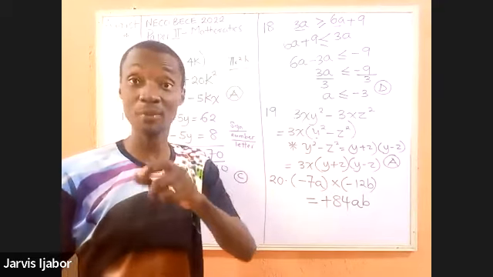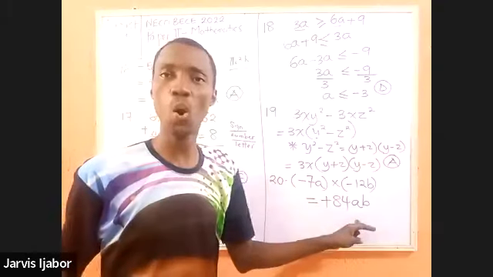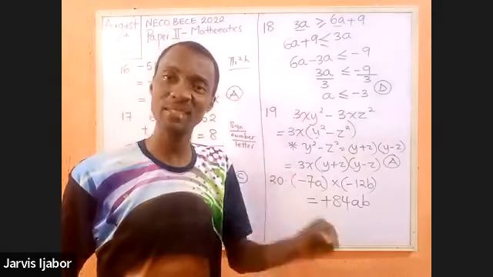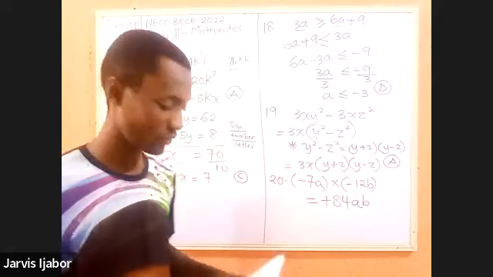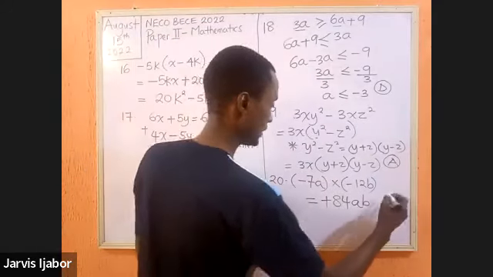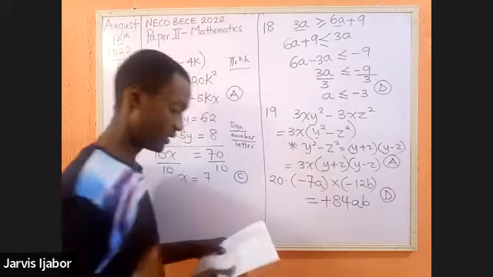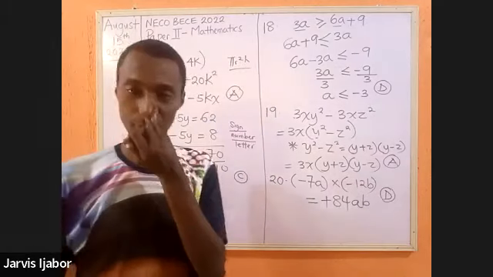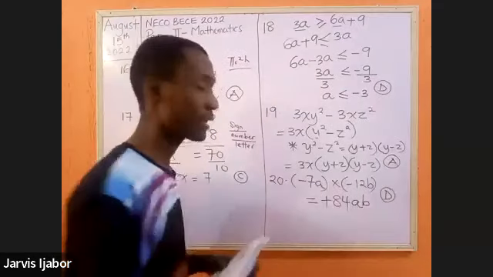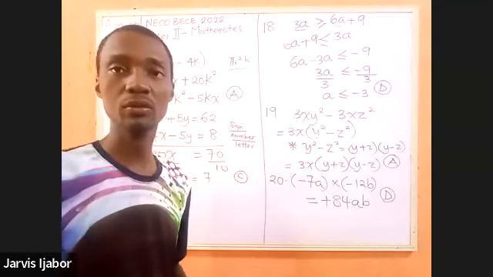I said there will be exceptions, but for general algebra, we keep the letters in the order of the letters of the English alphabet. All right, trust you've enjoyed this one. So the answer simply will be what? D, which is 84AB. All right, that takes care of that. We'll now go on to other questions.